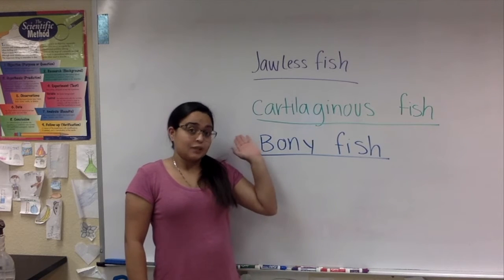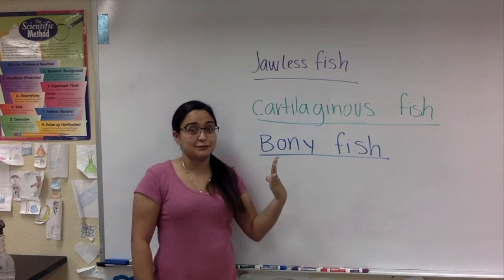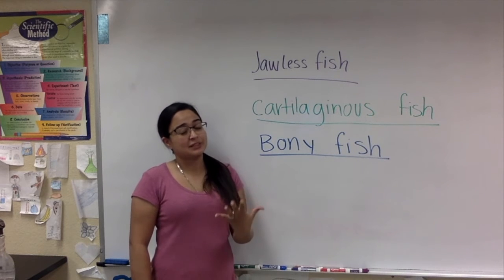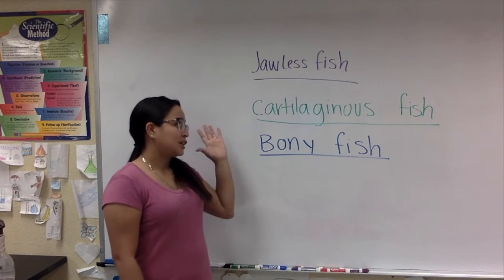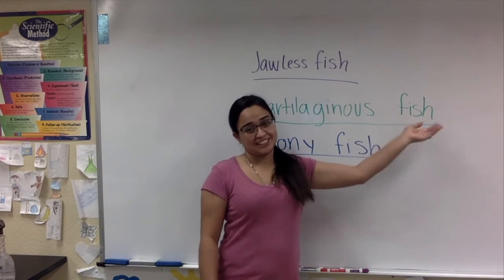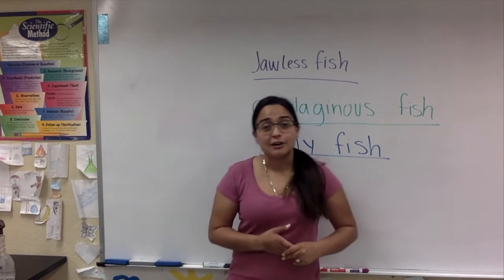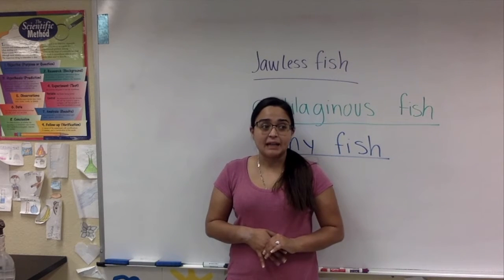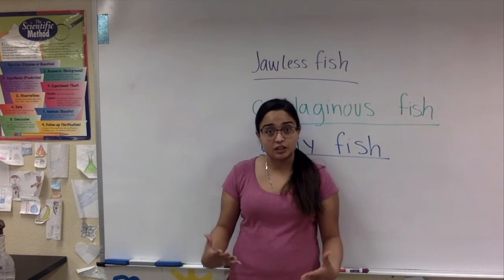The second category is, and this word was very difficult for me to learn how to pronounce, I practiced, cartilaginous fish. Cartilaginous fish are fishes whose skeleton is actually made out of cartilage.